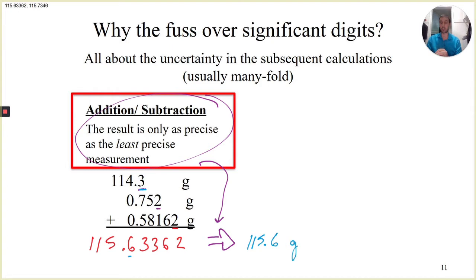And what usually happens is that people flip out and say, well, didn't you just delete information? You just deleted the information of that 3, 3, 6, and 2. And I would argue, actually, no, I didn't delete it. By including it, you've actually added information that wasn't there.